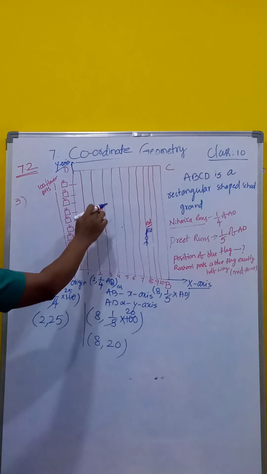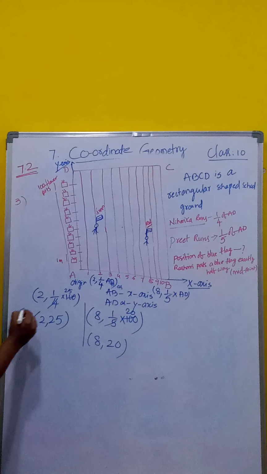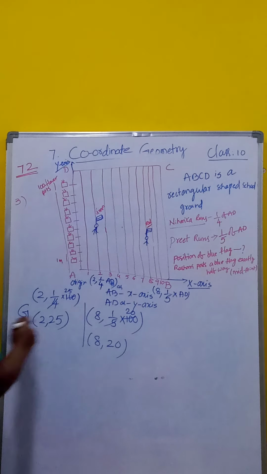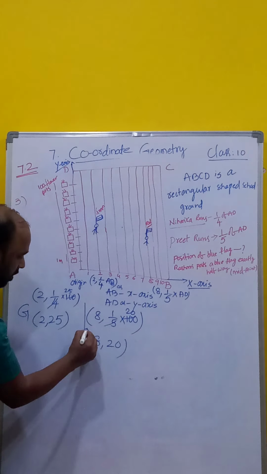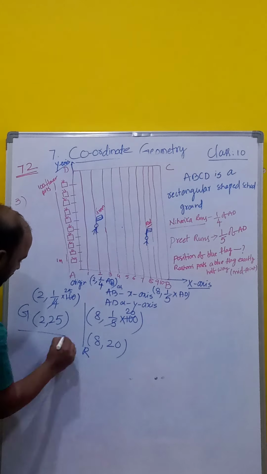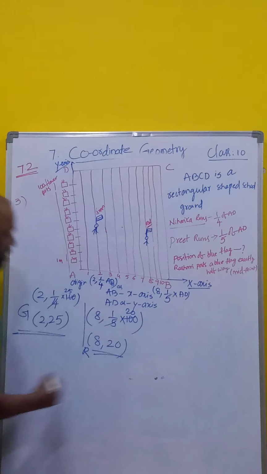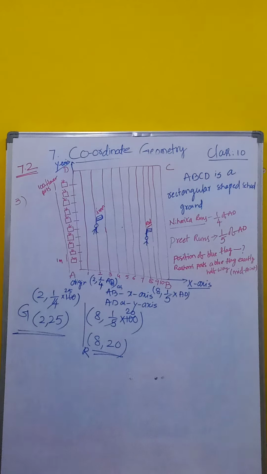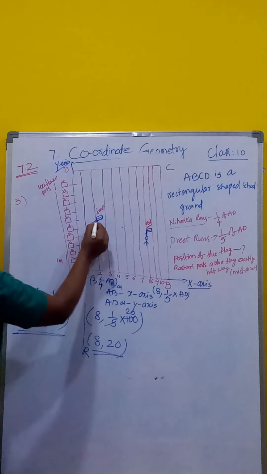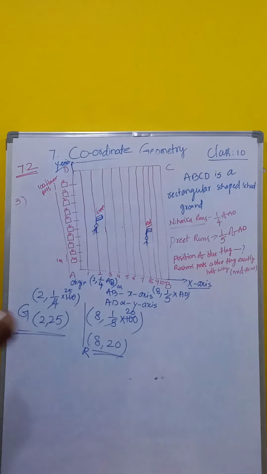I am assuming this is G, green, and the red flag is R. What is the question now? Distance between the green flag and red flag, using the distance formula.